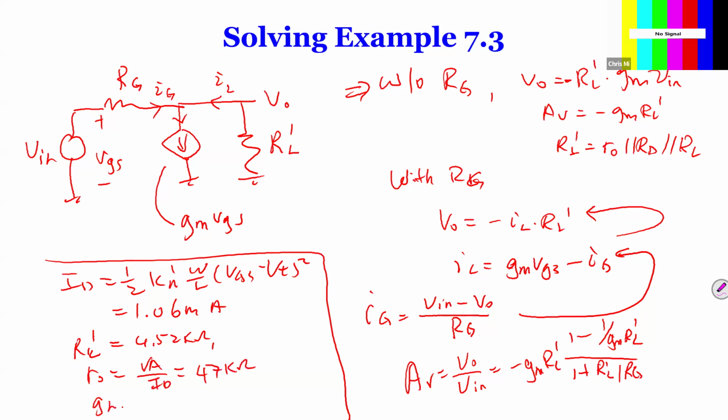And then you find GM. GM, remember, equals Kn times VOV, which is 0.25 times VOV of 2.9. So that gives 0.725 per volt.